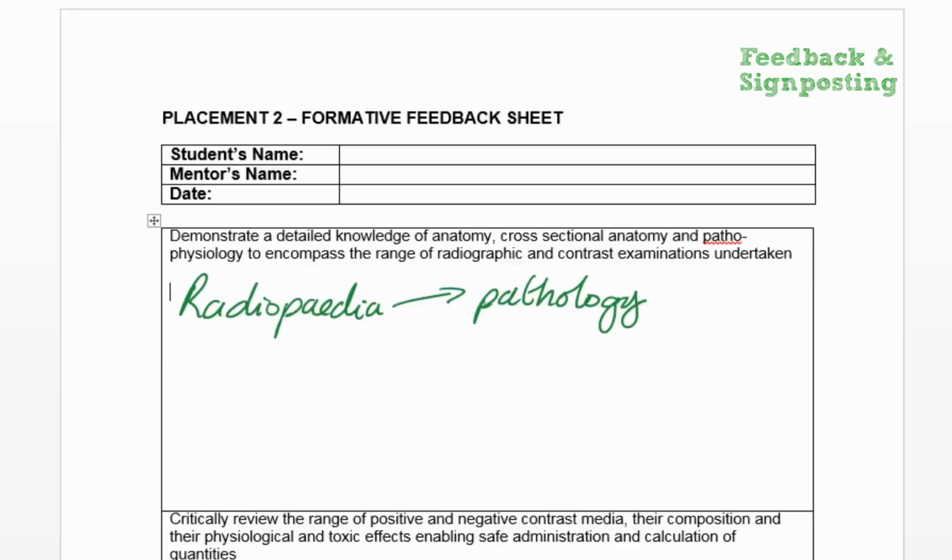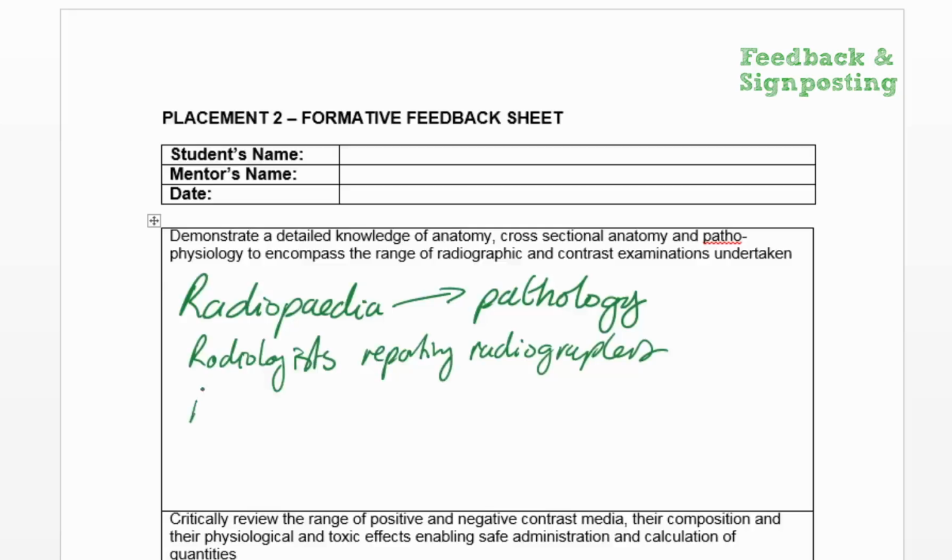Other signposting things, other things they can do is sitting in with radiologists or even reporting radiographers. Or, if you've got a hospital library, any anatomy textbooks or whatever.